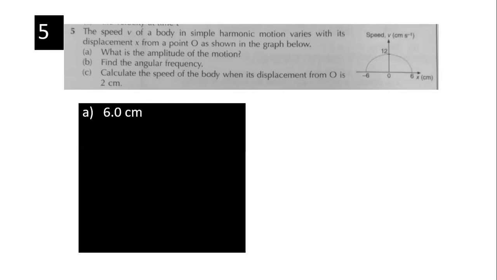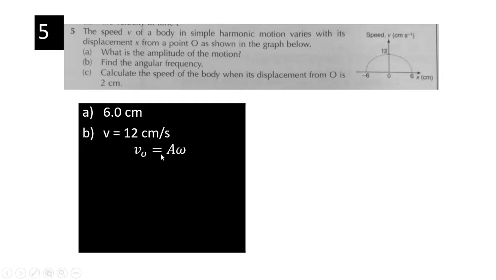Omega. Oh, omega equals 2 pi f. Where got f? I want the answer. Not memorize formula. Omega equals 2 pi over T. v equals omega A. You can read your v naught. v naught is from here.